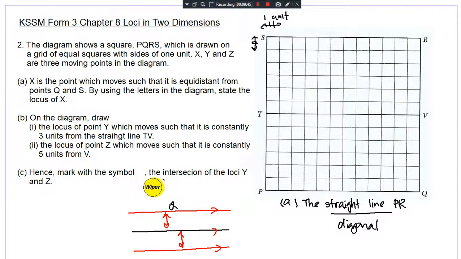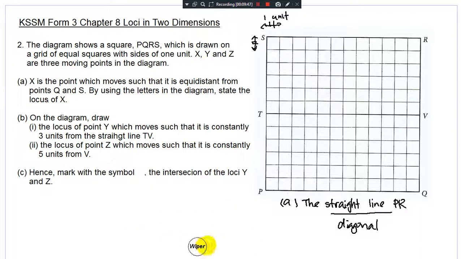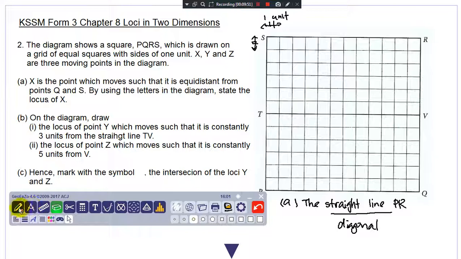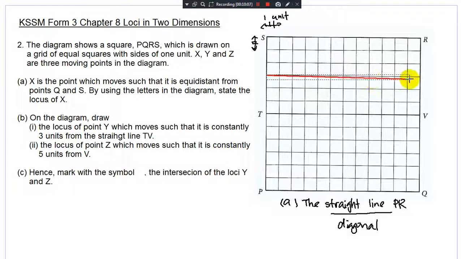Let me erase this one first. In this case, you don't have to use the compasses because you have the small grid here which will guide you how to draw it. Constantly 3 units, right? So 1, 2, 3 over here. Draw a straight line. So we just draw inside the diagram.